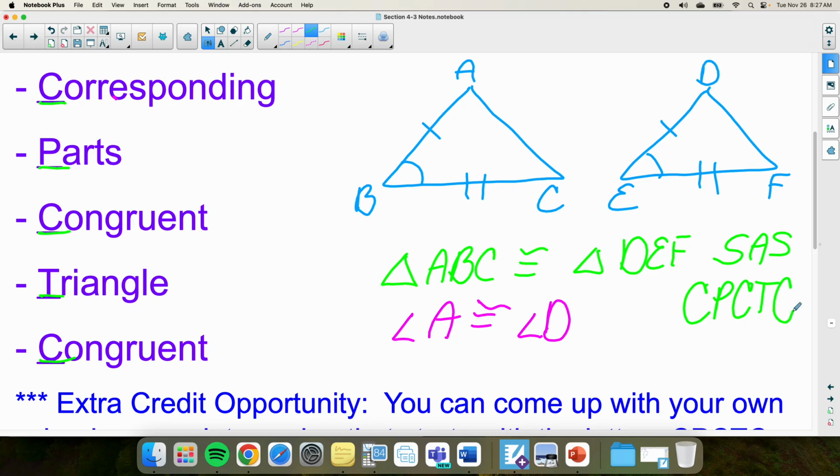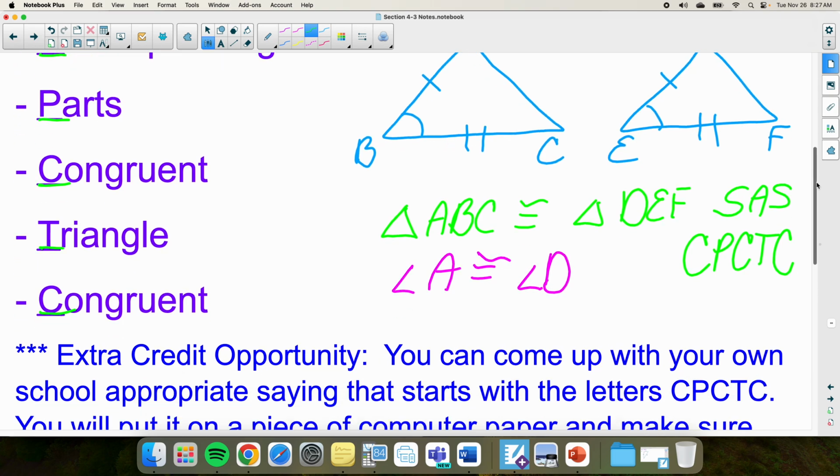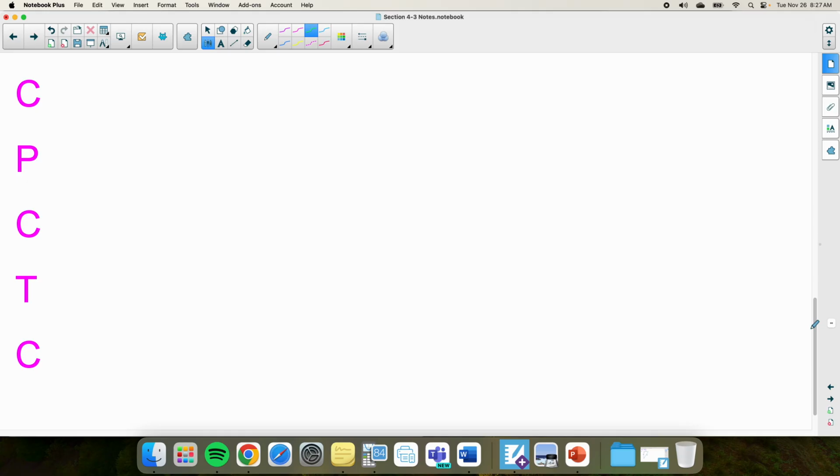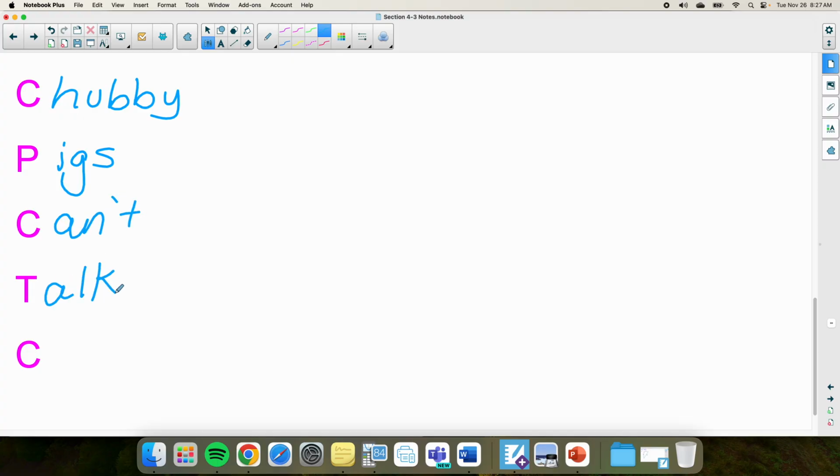You could write that on your cheat sheet, but otherwise what happens is we have kids think about what is a school appropriate saying that starts with those letters. And I always use the one, I'm not sure why, that is chubby pigs can't talk Chinese.